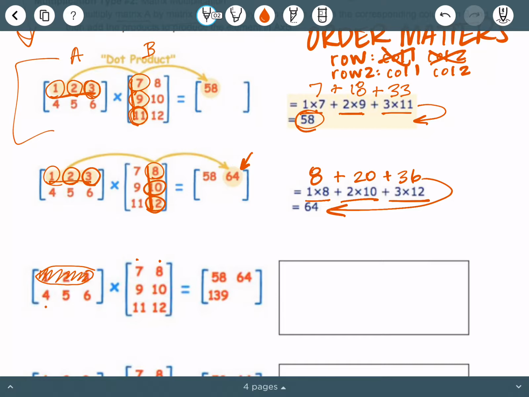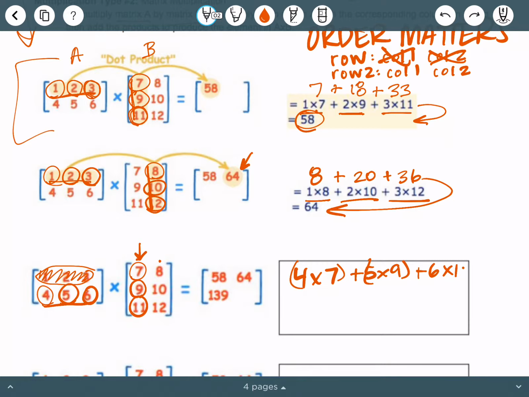Right, so we're going to work with our second row here. So our second row is 4, and we're going to work with our first column. So 4 times 7, that's our first part. And we know we're going to add that to 5 times 9. Okay, and we're going to add that to 6 times 11.